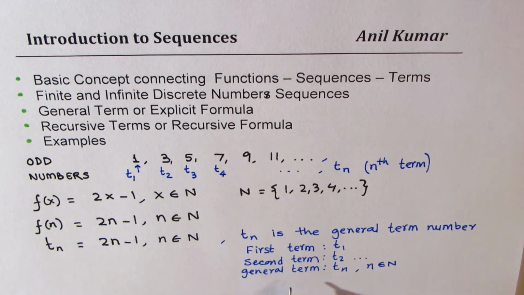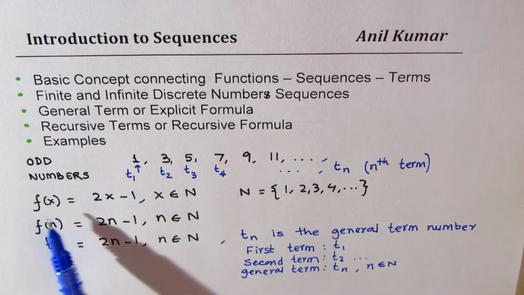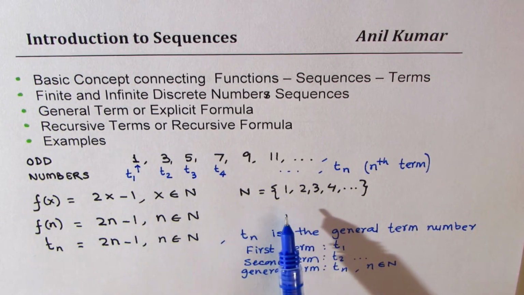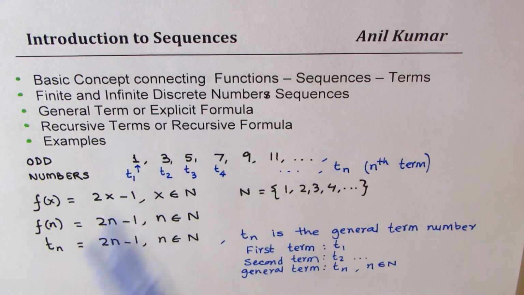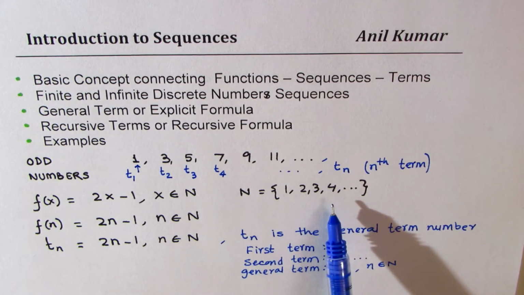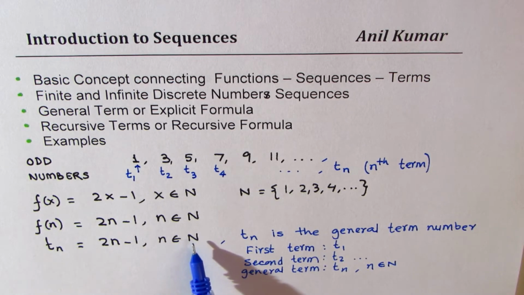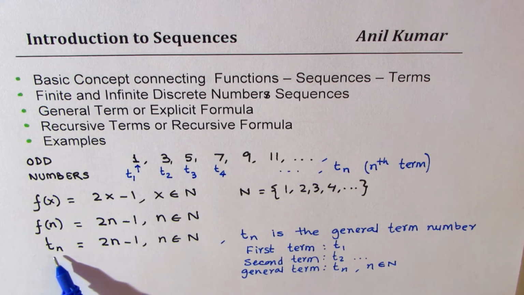So that is the basic understanding of the term number, right? So in a way, what we have seen here is that any function which outputs numbers could be treated as a sequence. Since we are dealing with only natural numbers, we prefer to write in terms of n, where n belongs to natural numbers, and T of n is a simpler nomenclature or the format or the method of writing a general term.